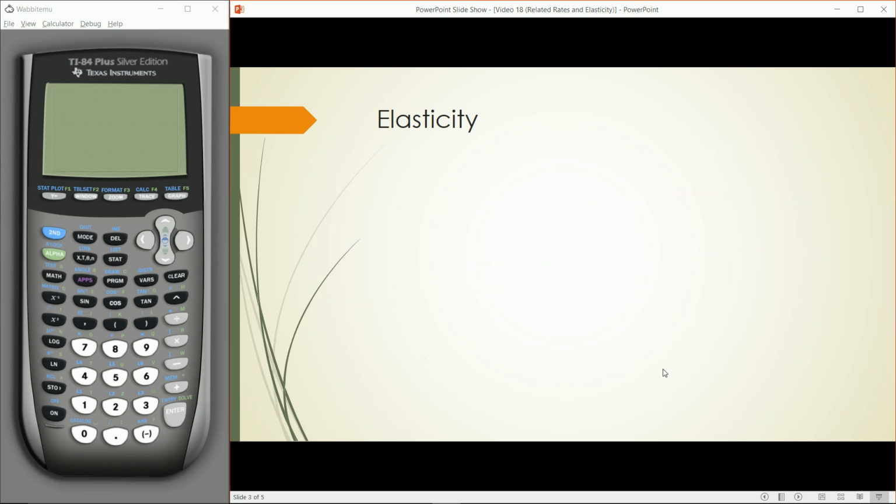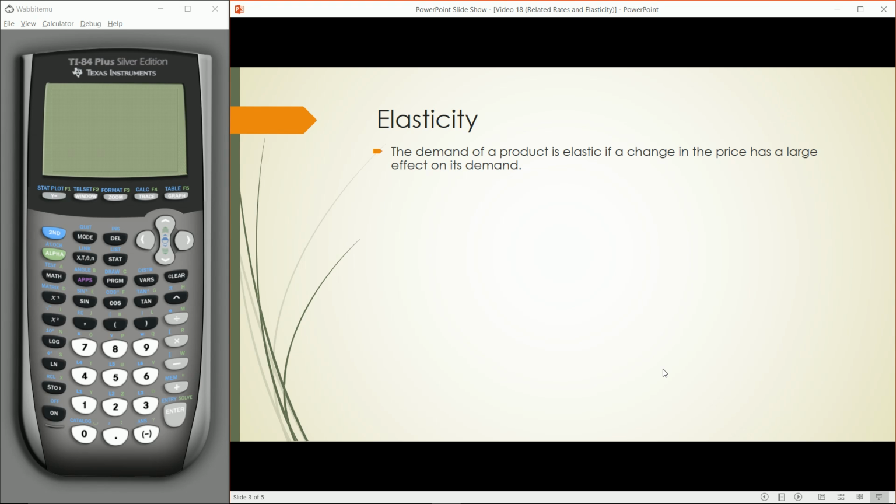All right, elasticity. Elasticity is talking about how likely something is going to change based off its change in price. The demand of a product is called elastic if a change in the price has a large effect on its demand.